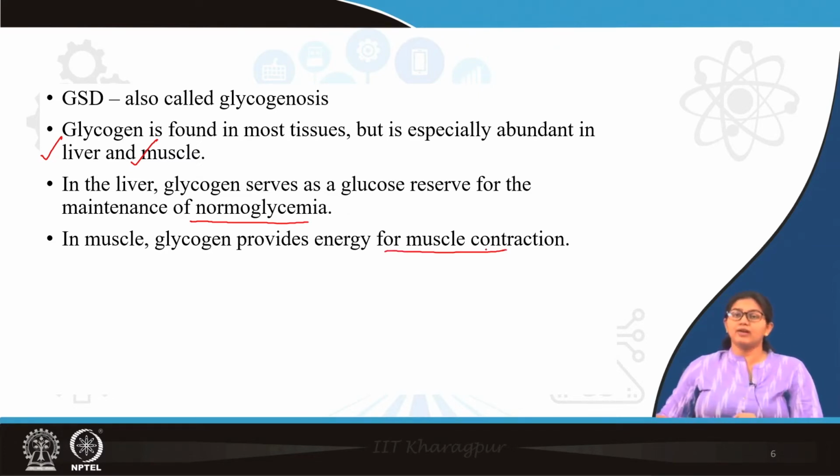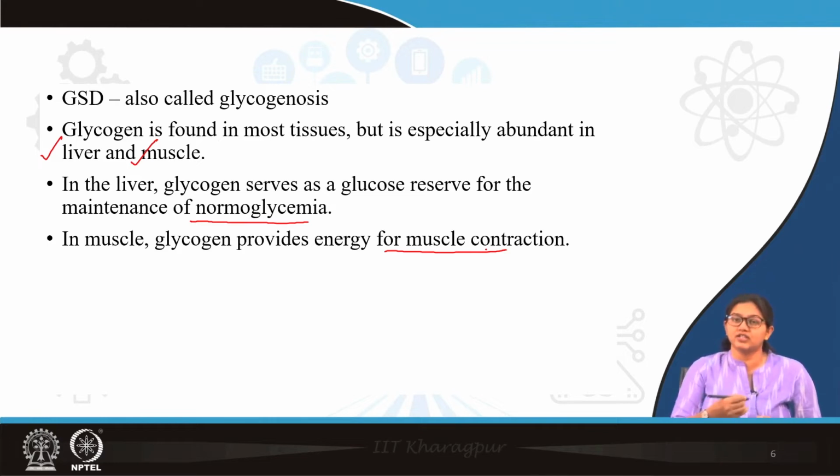Now, whenever there is a defect in glycogen synthesis or breakdown, on requirement glycogen breakdown will not happen properly. So, how will these two organs suffer? Number one, in case of muscle, it will not get the ATP for its contraction. So, there will be energy deficiency, which will lead to fatigue, muscle weakness, then easy fatigability.